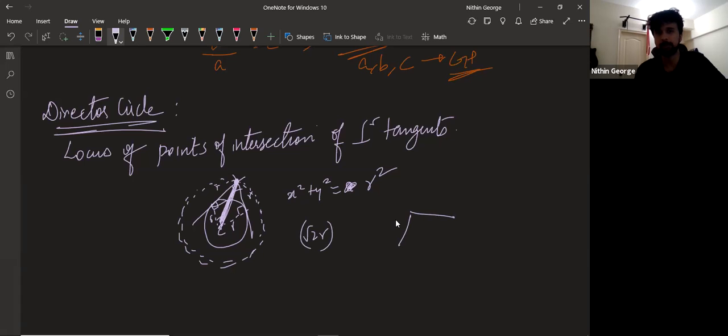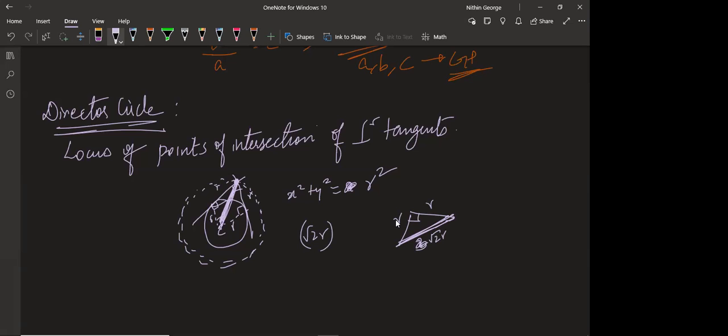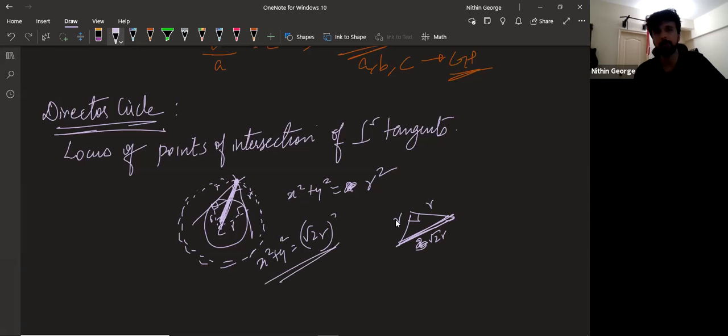You can imagine the triangle here with r at 90 degrees. The diagonal will be root 2 r. So the circle you're looking for has the same center as the one before: x square plus y square equal to root 2 r, whole square. So this becomes the equation of the director circle.